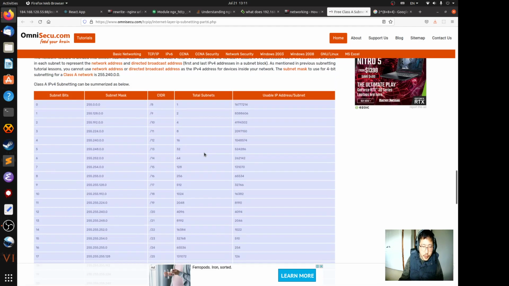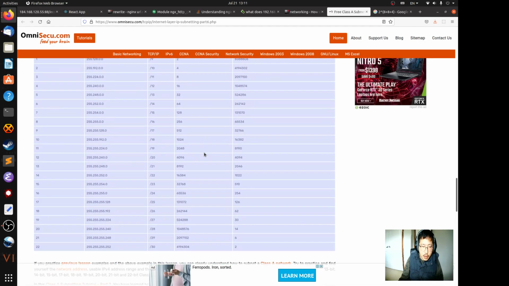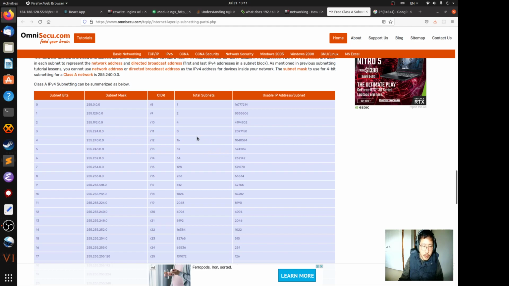This is the table of all the possible configurations, starting from 0 subnet bits. Do you know why the default Class A network only has one subnet? Because we haven't allocated a single bit for the subnet. If you don't borrow any bits, there's only one subnet, or in other words, only one network.